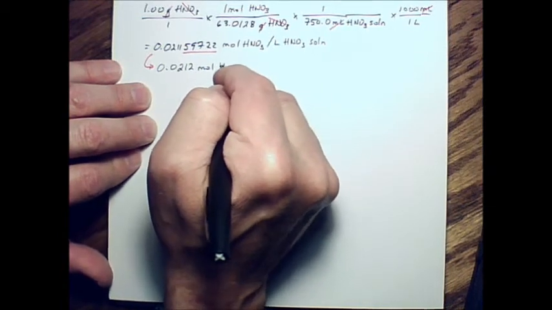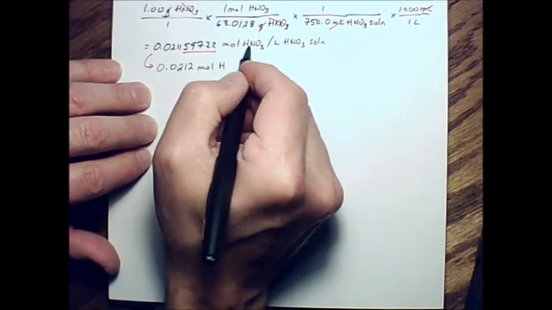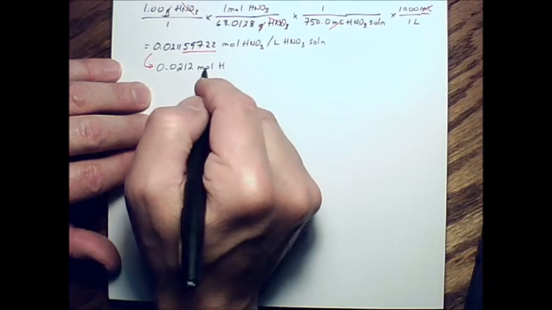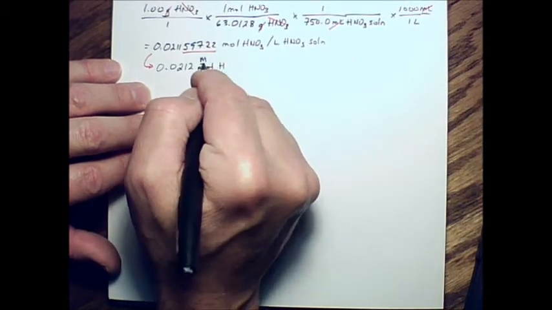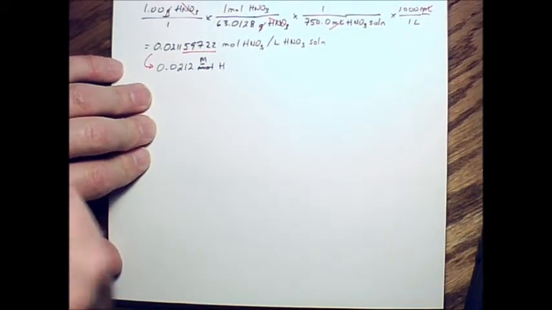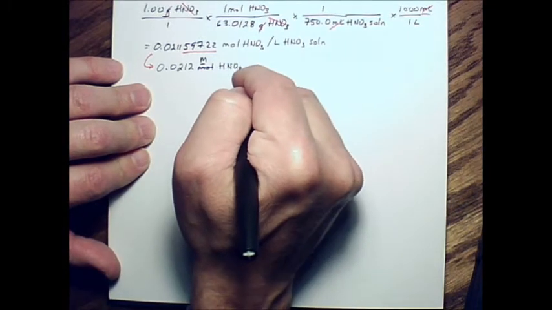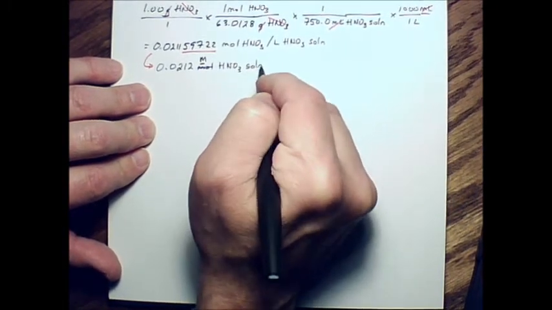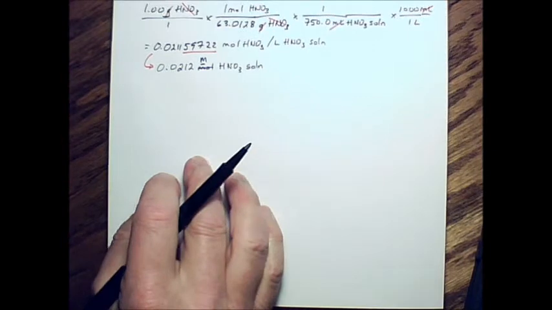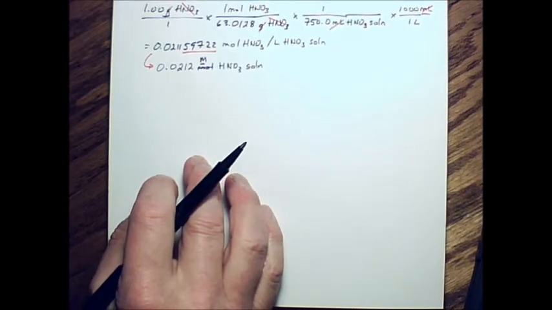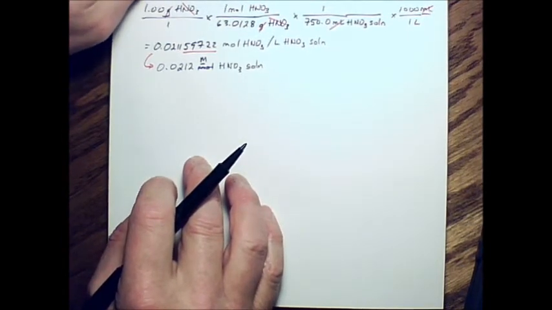Moles of HNO3, which is the solute, over liters of solution is molarity, isn't it? Just an M, HNO3 solution. That's all we got to say. All right, that's the concentration of the acid itself. That's what we have right there.